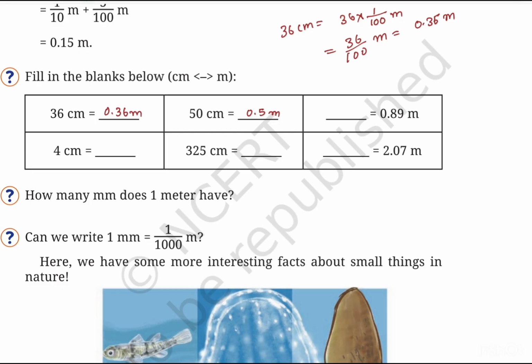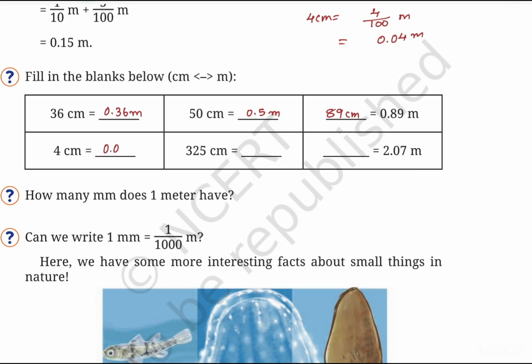Next we have 0.89 meter. That means 89 centimeter. And 4 centimeter becomes 4 by 100 meter, so 0.04 meter.